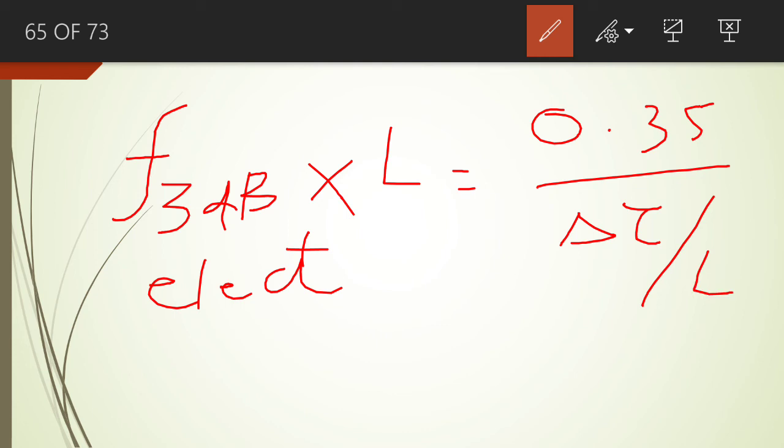So this was the equation to calculate F3 dB into L for the electrical signal.